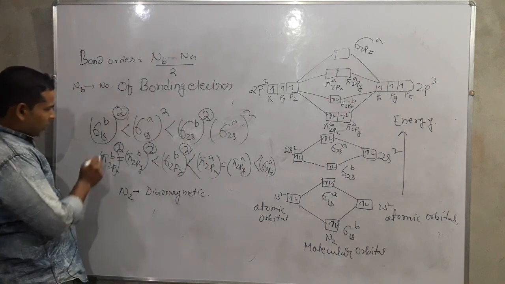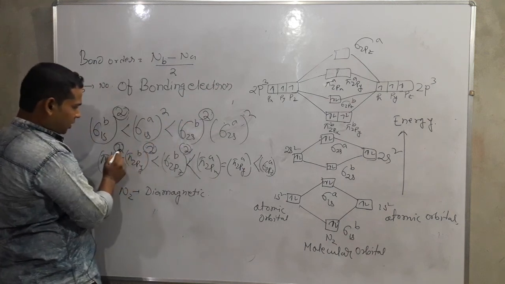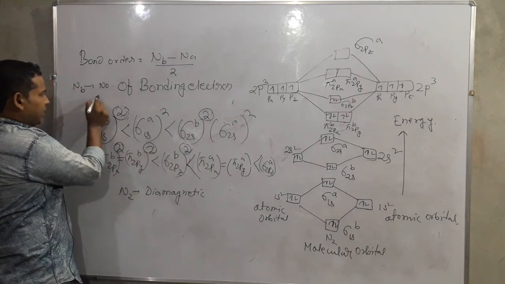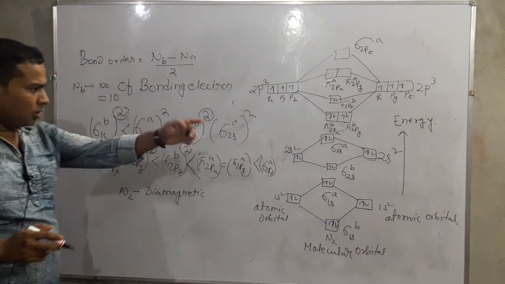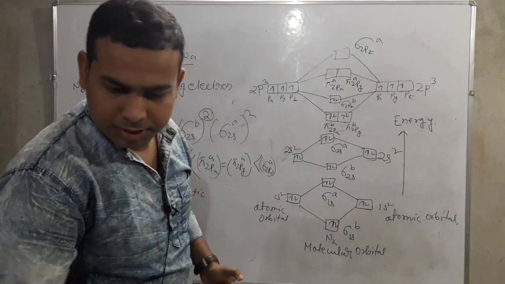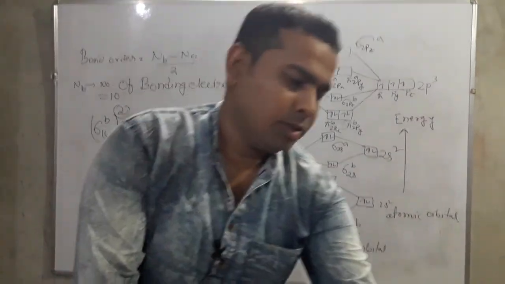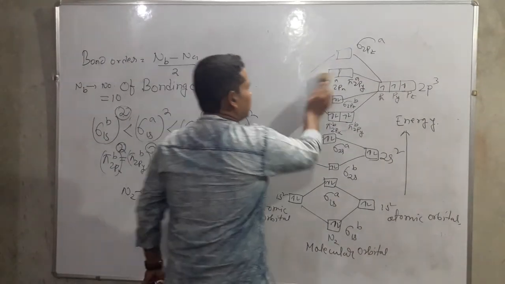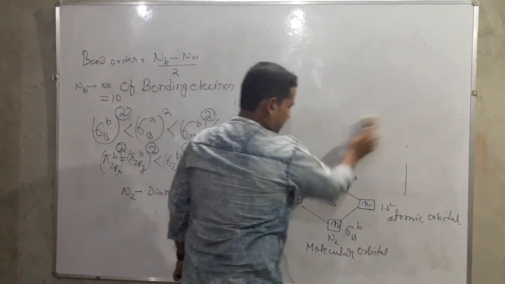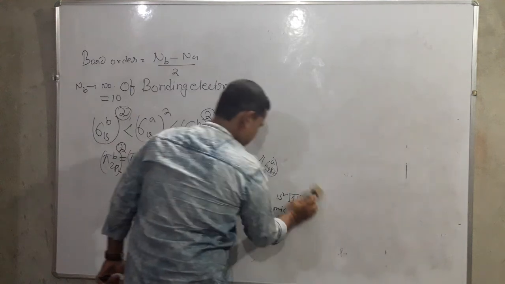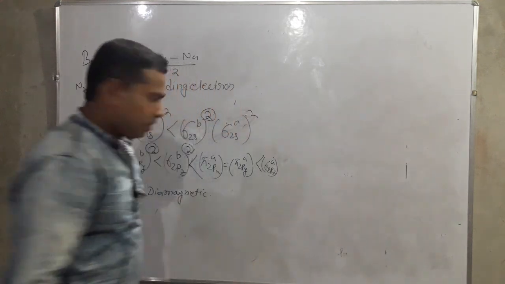How many are bonding? 1, 2, 3, 4, 5, that is 10 electrons.